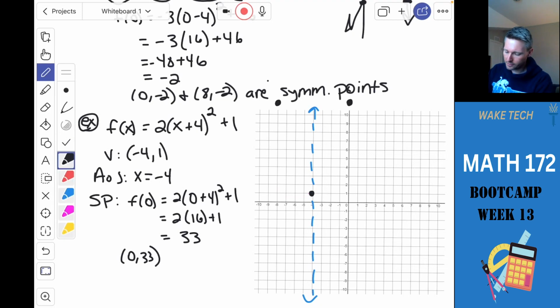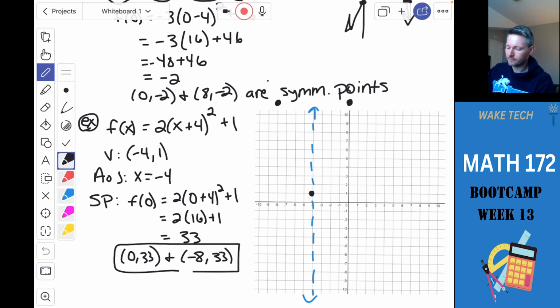Those two ordered pairs, the one was 0, 33, the other one is -8, 33. Those are the symmetric points. We can use those to connect the dots in order to generate the graph. Questions about the graph?